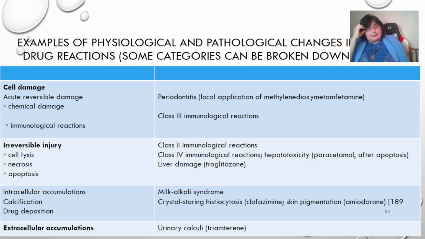Intracellular accumulation: milk-alkali syndrome, calcification, crystal-storing histiocytosis. It can be clofazimine, skin pigmentation, amiodarone, and drug deposition, skin pigmentation. Extracellular accumulation: urinary calculi, it can be triamterene.